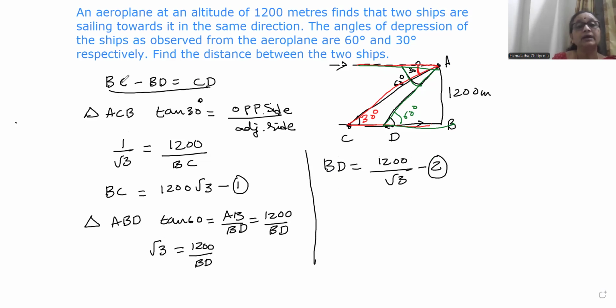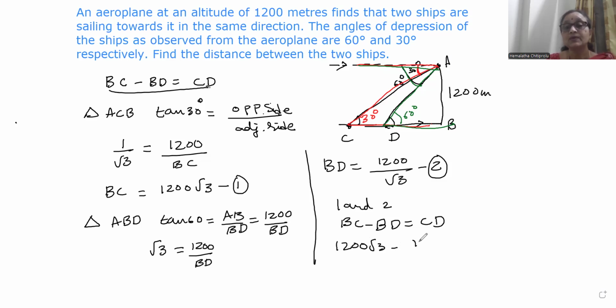We already said that BC minus BD is equal to CD. We are going to substitute equations 1 and 2 in BC minus BD is equal to CD. So BC is 1200 root 3 minus 1200 by root 3 is equal to CD.